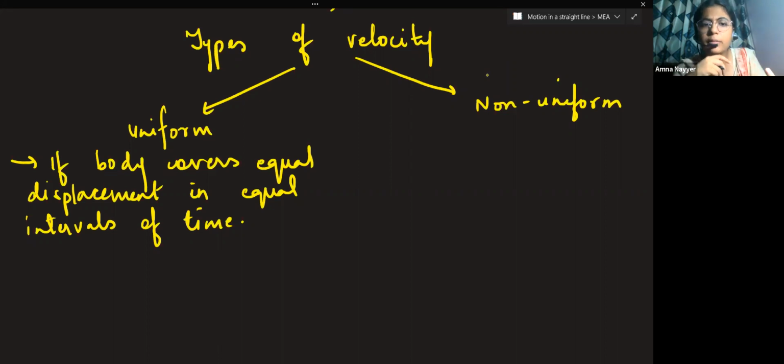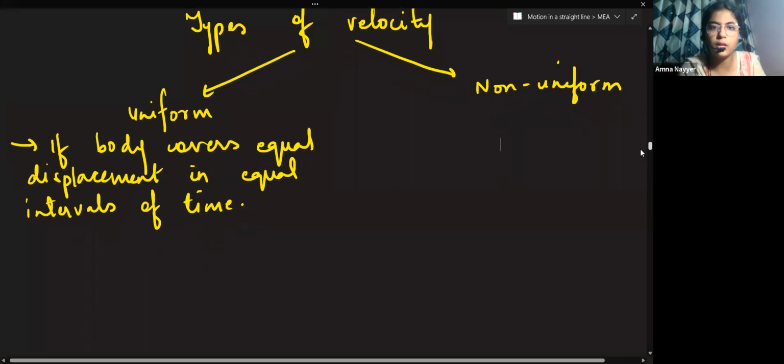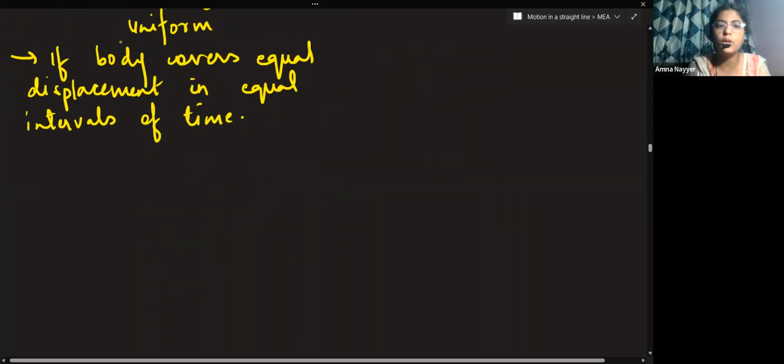So right now when I'm saying a body covers equal displacement in equal intervals of time, what happens to magnitude or direction? Magnitude and direction, how can we ignore them if we are talking about a vector quantity? So it means both the magnitude as well as the direction do not change in this case.